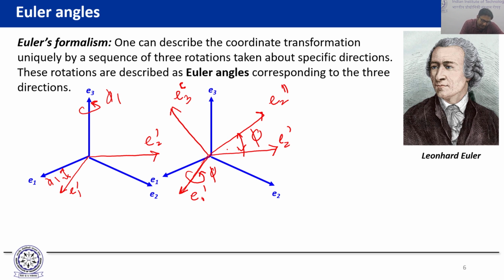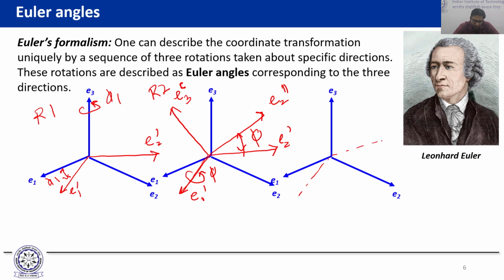So in Euler's formalism, you can think of this as the first rotation, and this one as the second rotation. Now let us come to the third rotation. Again, we start with our original coordinate system. After the 2 rotations, it had come to where I have these dashed lines over here.